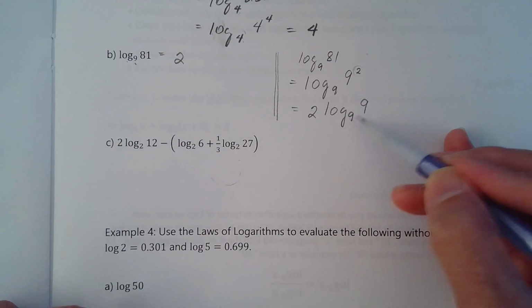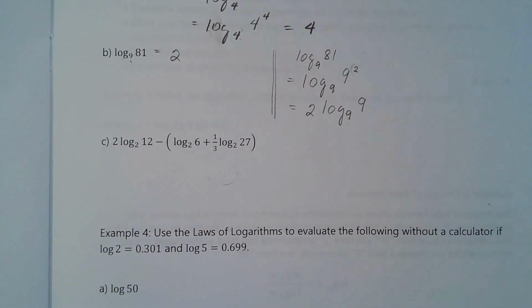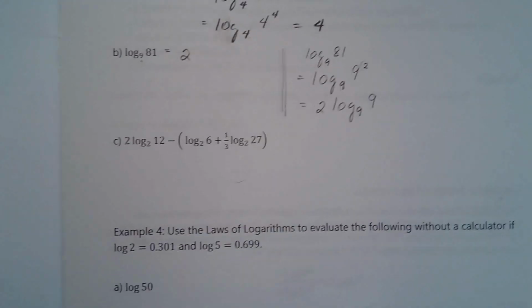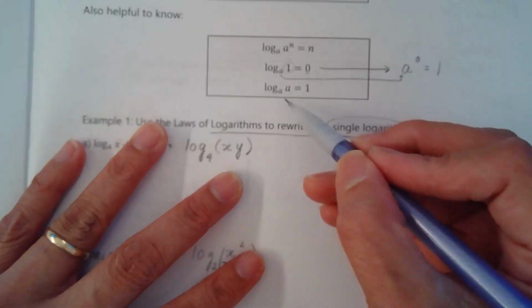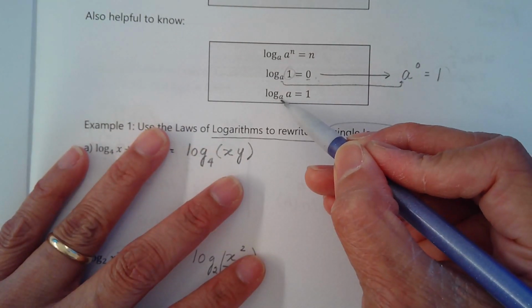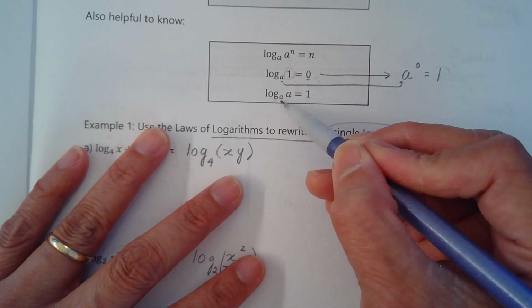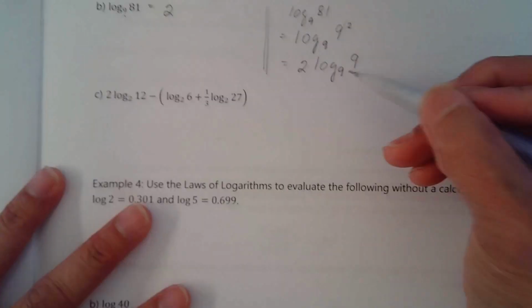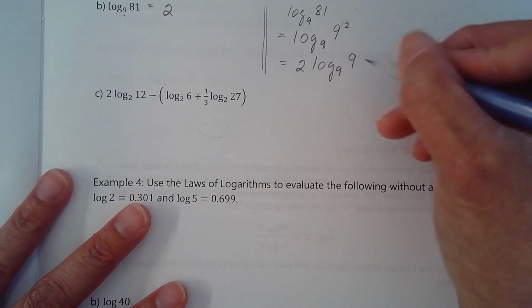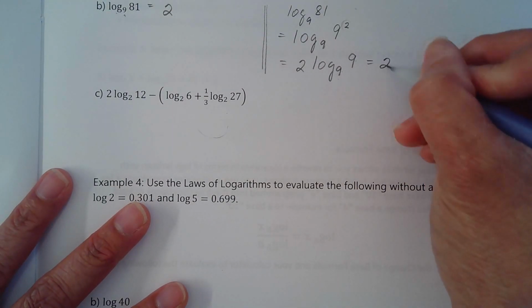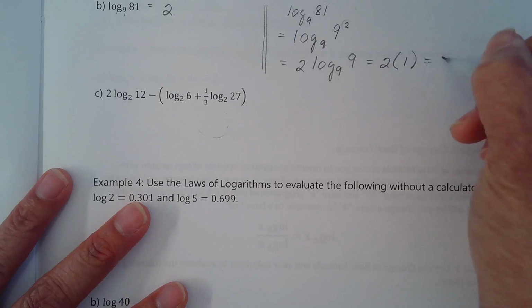Well, log of 9 base 9, just go back on our notes in here. Log of a base a is 1. So log of a base a is equal to 1. So this is going to be 2 times 1, which is 2.